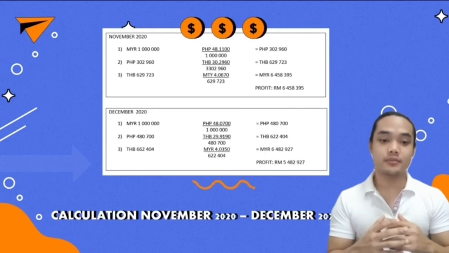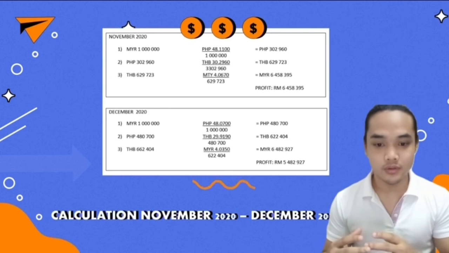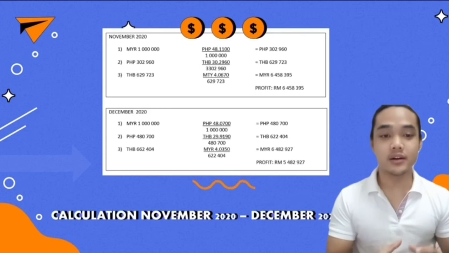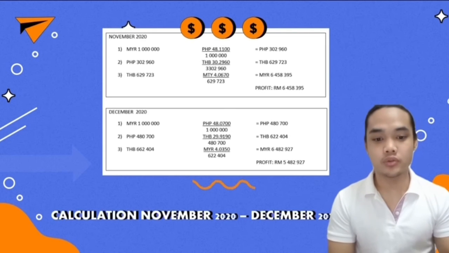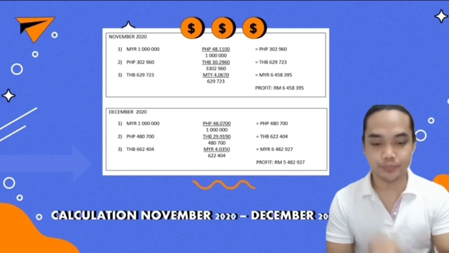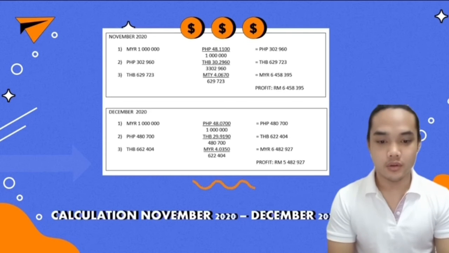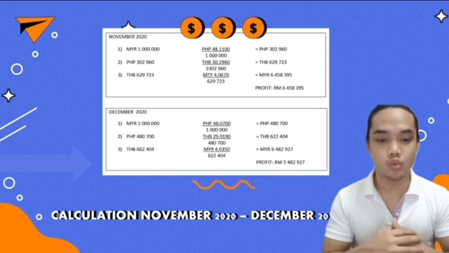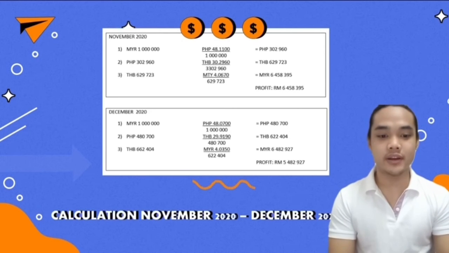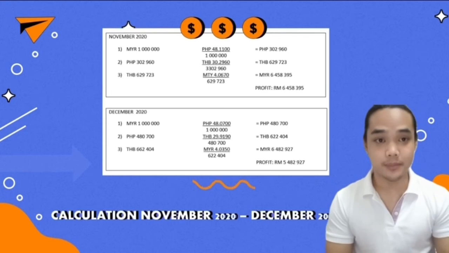So our next step, those Philippine pesos, we buy a Thailand baht with the price 30.2960. And after we convert the Philippine pesos to Thai baht, we have 6,029 Thai baht.